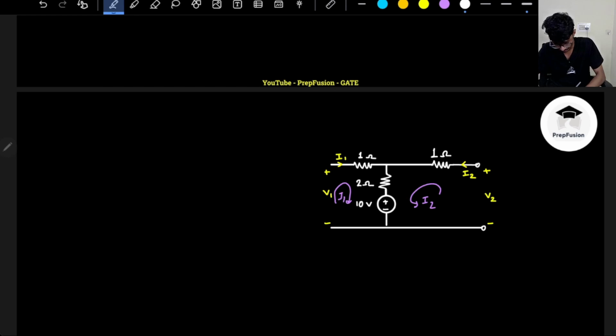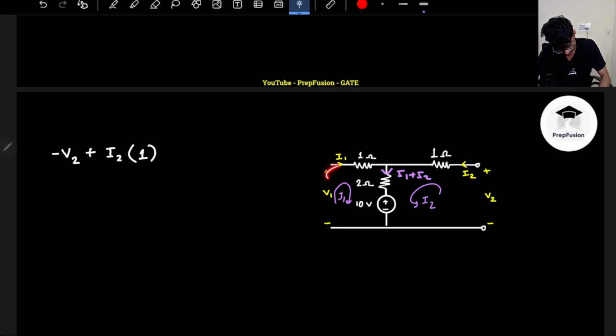So my minus of V2 plus I2 into, okay, I'm using the second KVL, so any KVL you can start. And what is this current? This current will be I1 plus I2, because I1 is incoming here, I2 is incoming here. This current will be I1 plus I2.